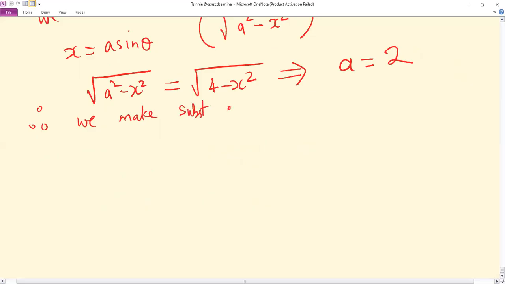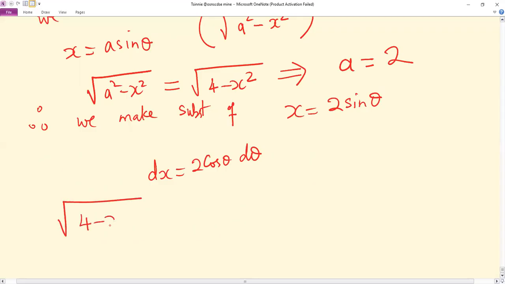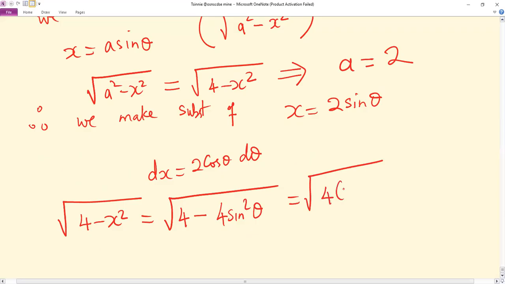With this, it means that dx is 2 cos theta d theta, and the square root of 4 minus x squared is the same as the square root of 4 minus, squaring this, 4 sine squared theta, which is the square root of 4 times (1 minus sine squared theta), which is the square root of 4 cos squared theta, and that will give us 2 cos theta.